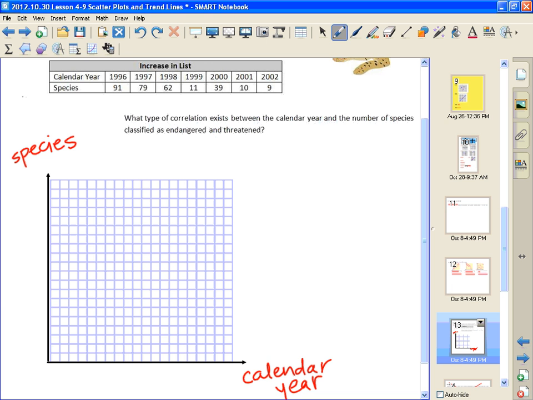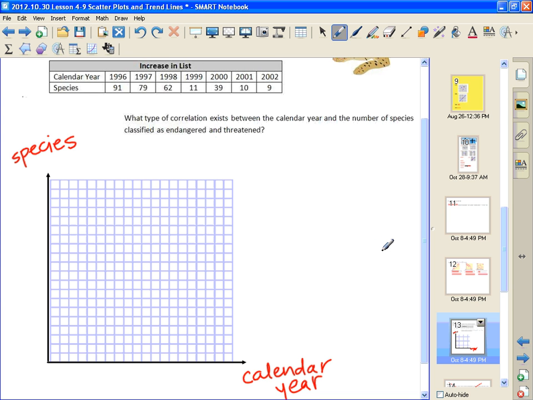Okay, so for calendar year, what should we count by? Because here are our numbers. We go from 96 up through 2002. Should we count by tens? On the calendar year? Look, it goes 96, 97, 98, 99, 2000, 2001, 2002. So by ones, right?